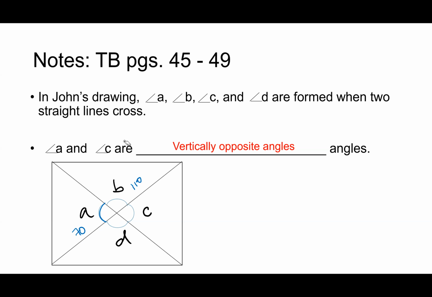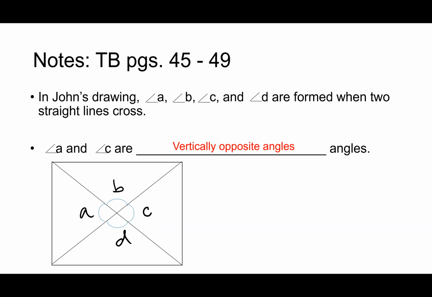Okay, well then when we go to see this other straight line, B equals 110, what does C equal, guys? 70, right? So you can see that we just proved vertically opposite angles A and C are equal to each other. And then of course, what would D equal? 110. Now I made those up. That's not the rule, that they equal 110 and 70, it's that they're equal to each other.